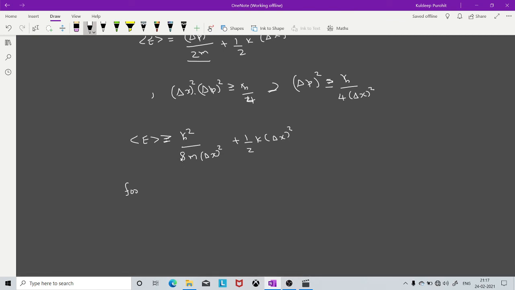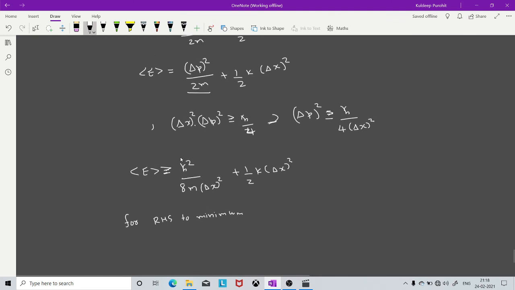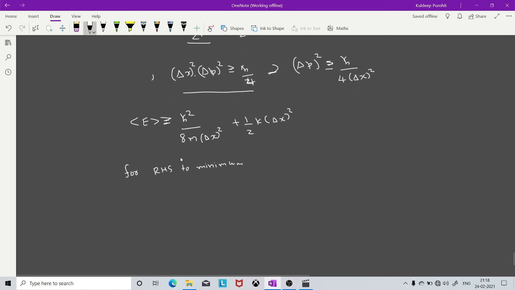Now for the RHS to be minimum, since we are finding the zero point energy, see, in the whole derivation the heart of the derivation is this thing, which is Heisenberg's uncertainty principle. So for the RHS to be minimum, you can differentiate E with respect to delta x square.